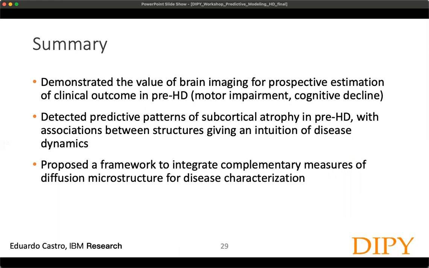In addition to that, we also found informative associations between these structures that provide an intuition of disease dynamics. And finally, we proposed a multimodal framework to integrate complementary measures of diffusion microstructure to characterize the pre-manifest stage.